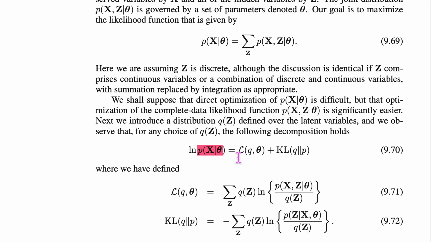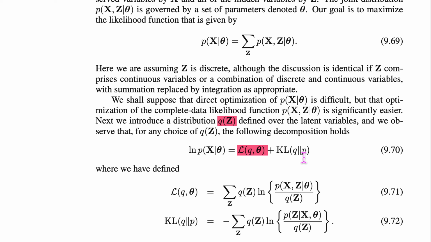Okay. Well, the funny thing is because this log likelihood is a summation over the Z variables, we can break this up into two parts. First, we have the log likelihood, that's what that cursive L means. It means the log likelihood of this thing we haven't yet observed, this distribution Q. And this distribution Q is a distribution over the actual latent variables, the things we can't measure directly.